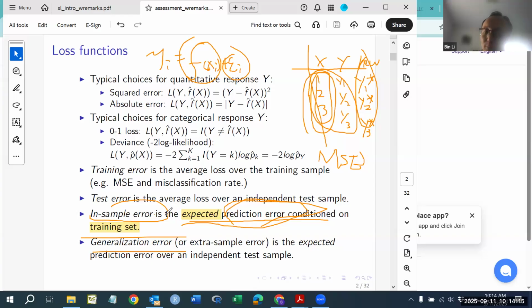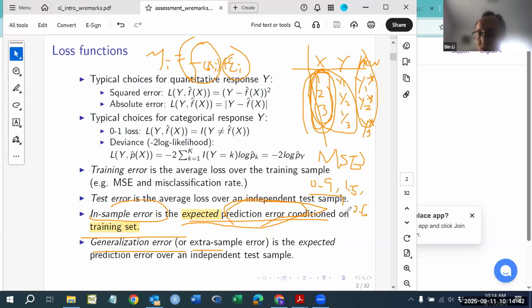If you understand the in-sample error, then this will be very easy to understand, because it has another name called extra-sample error. That does not condition on the same X. That could be a different X. Let's say the first one is 0.9, then the second one is not 2 but 1.5, and the third one is 2.6.